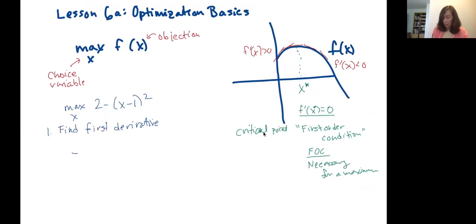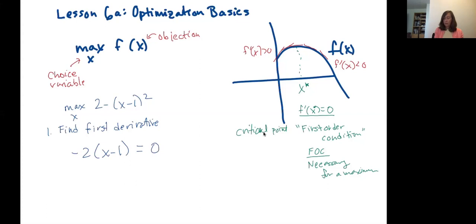Then using the power rule, so negative 2 times (x minus 1) to the 2 minus 1, the first power. Checking the derivative of the inside, there's just an x there, so no chain rule to worry about. This is my first derivative. Setting it equal to 0 makes it a first order condition.